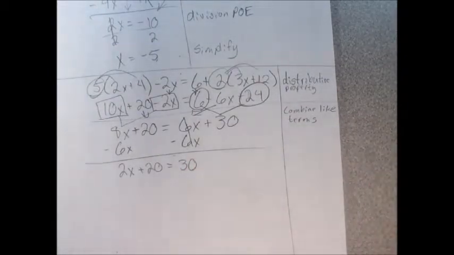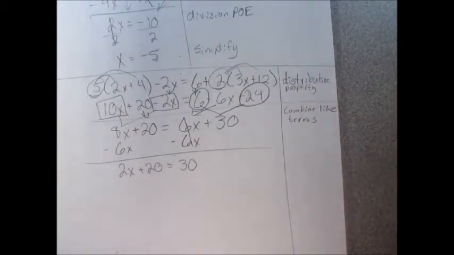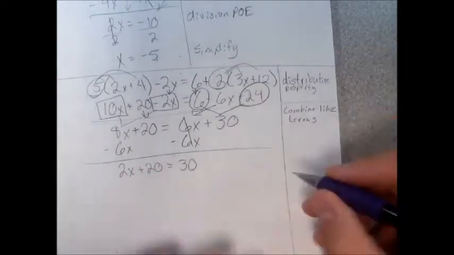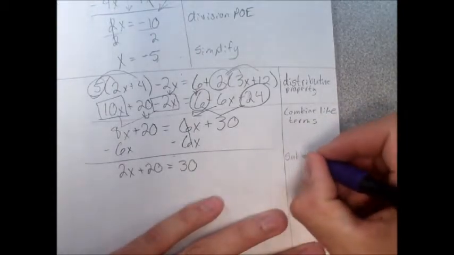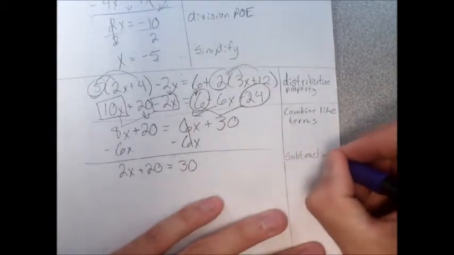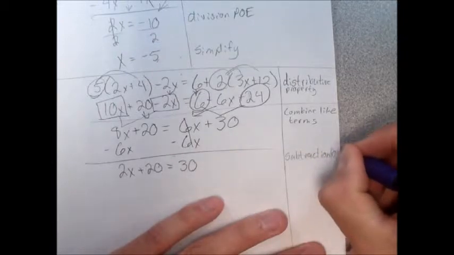Why would I not move the 8? If I move the 8, what am I going to end up with? A negative. I don't like negatives. I'm a rather positive person, so I want to deal with the positive things. That's why I would move it. So what property allows me to do that? Subtraction property of equality, SPOE.